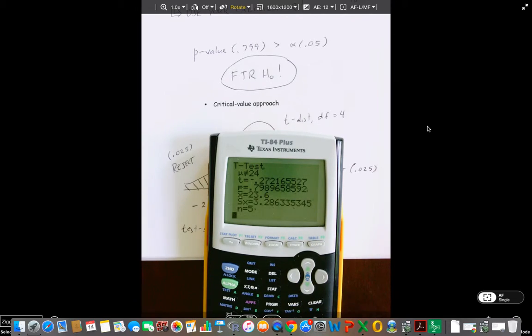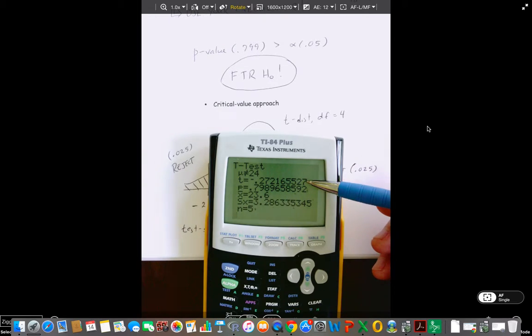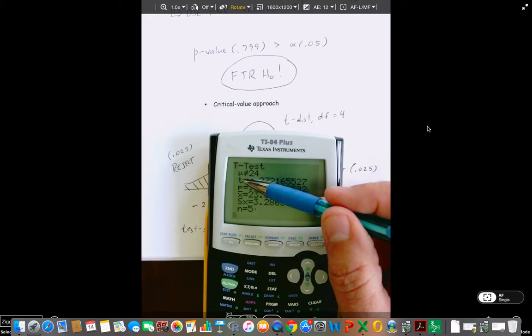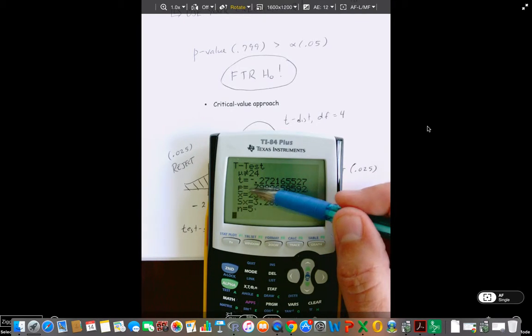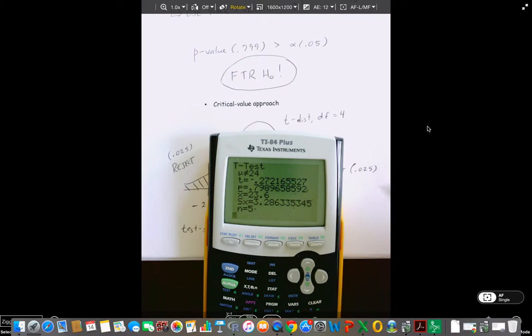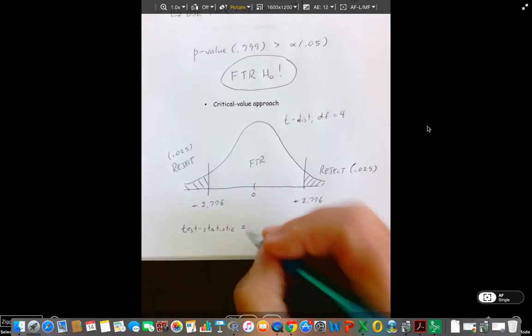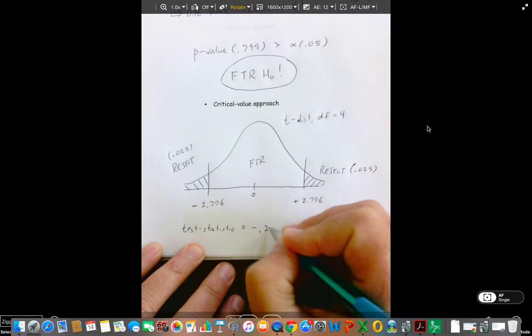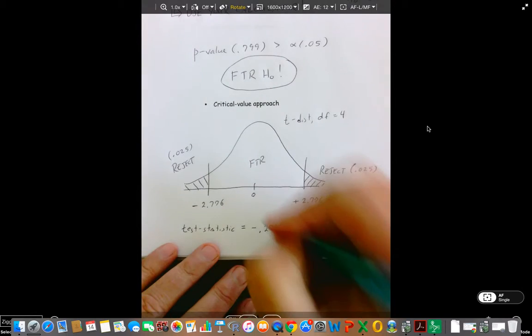Come calculate. This value right here is our test statistic, negative 0.272. It's the t-value. That's our test statistic. This is the p-value. So test statistic is negative 0.272. And where does that fall?